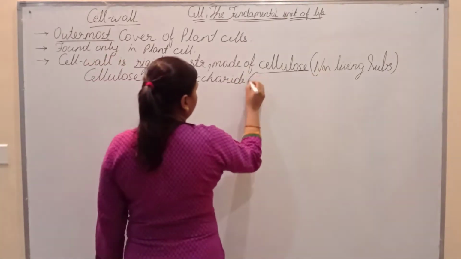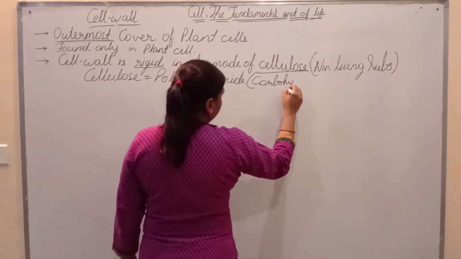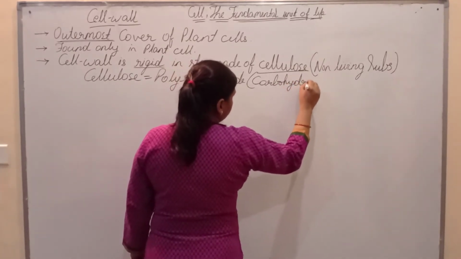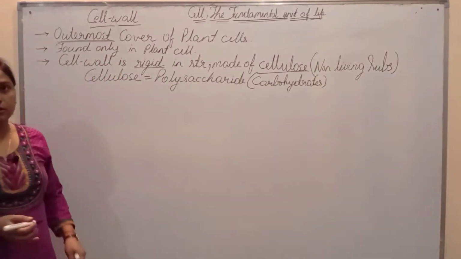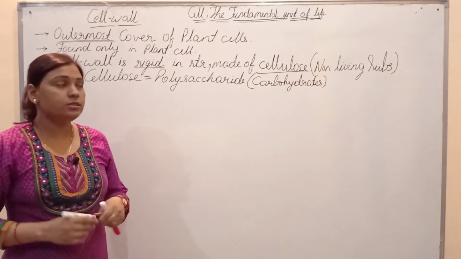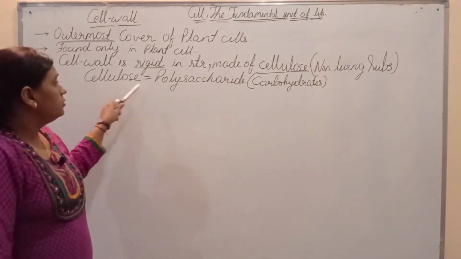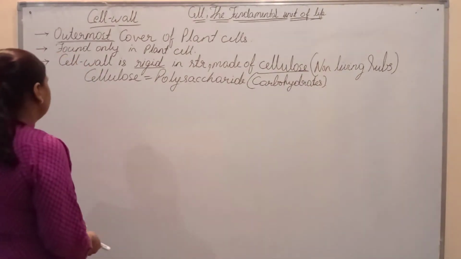Polysaccharide is a form of carbohydrates. It is made up of a substance called cellulose, that is non-living substance, and also this cellulose is polysaccharide, that is a form of carbohydrates.